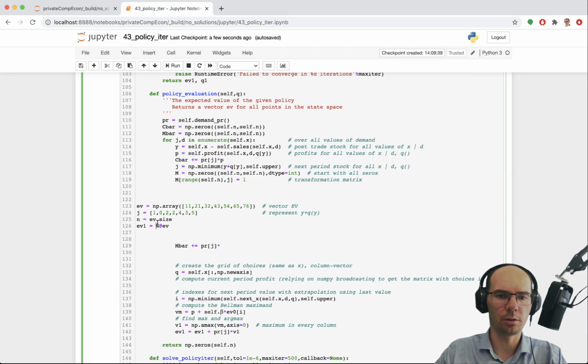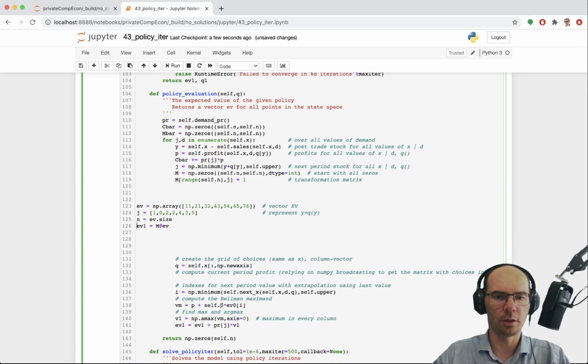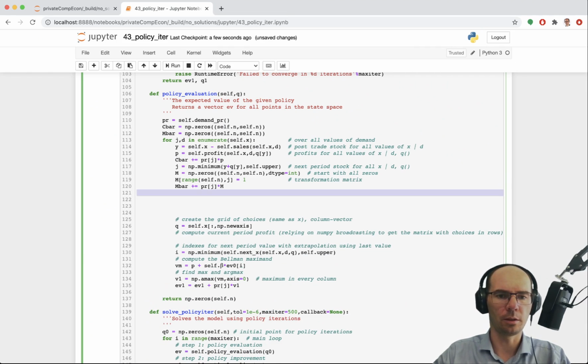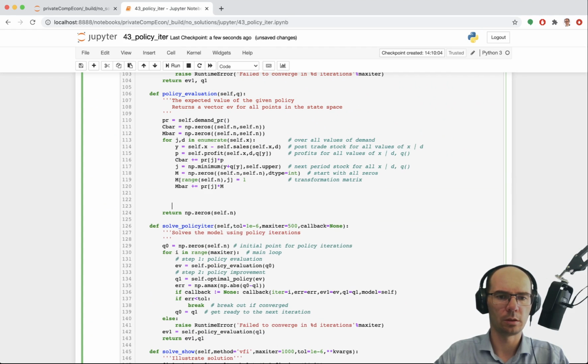This is the transformation. So this is the matrix that would be multiplied with EV. And so M bar can now be updated to this. Okay. So I don't think we need any of this anymore. Because now we've completed all of the operations inside of this loop. And so when the loop completes, then we have the C bar and M bar matrices.